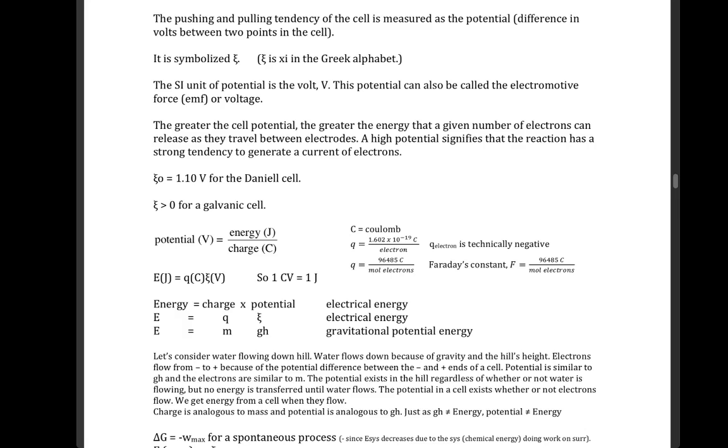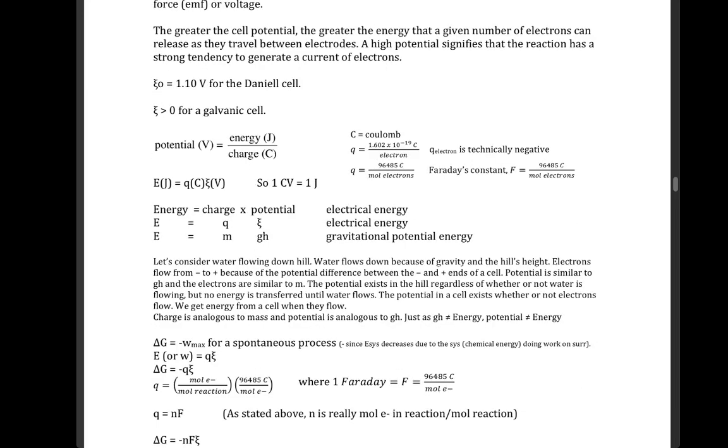The greater the cell potential, the greater the energy that a given number of electrons can release as they travel between electrodes. A high potential signifies that the reaction has a strong tendency to generate a current of electrons. The cell potential for the Daniell cell, for the zinc copper cell, is 1.10 volts, and that would be at standard conditions.